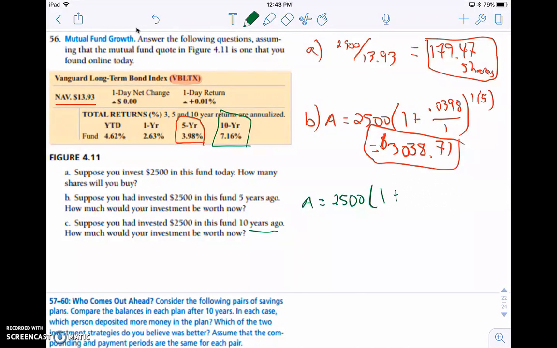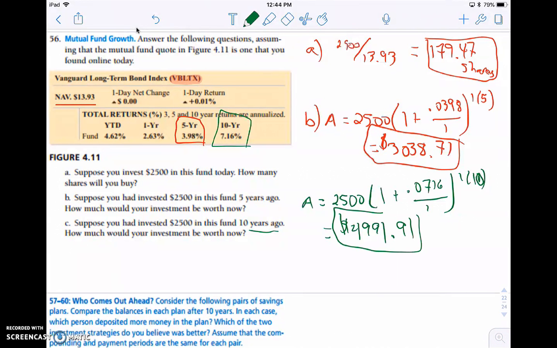So again, 1 plus 0.0716 divided by 1, because again we are annual, to the 1 times, and this time we're looking at a 10-year period of time, and this is going to come out to be $4,991.91. So again, the calculations here for mutual funds are relatively basic. We're not going too deep into those, but it just gives you an idea of how these things grow.